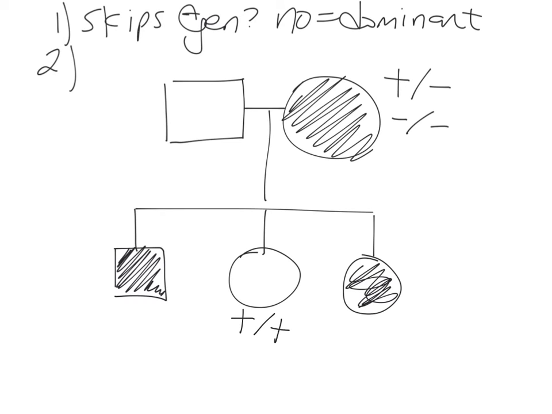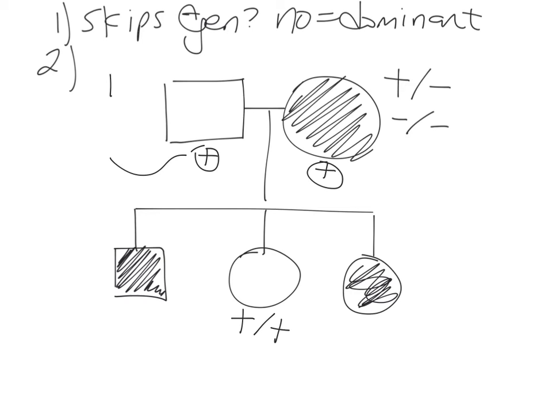Now the kid was conceived at fertilization, right? Dad's sperm and mom's ovum had to fuse, and each of them was carrying either a plus or a minus. So to get a plus over plus kid, we know that each of the parents has to have at least one plus to contribute.